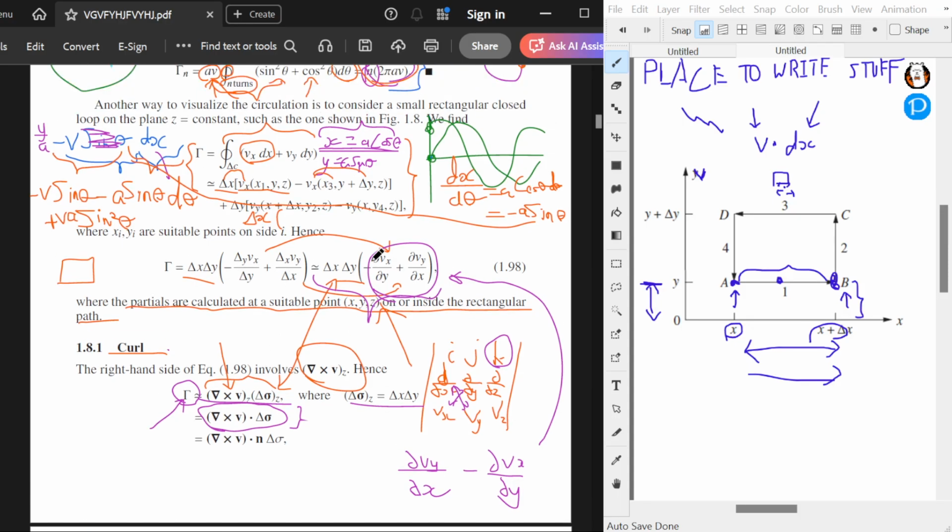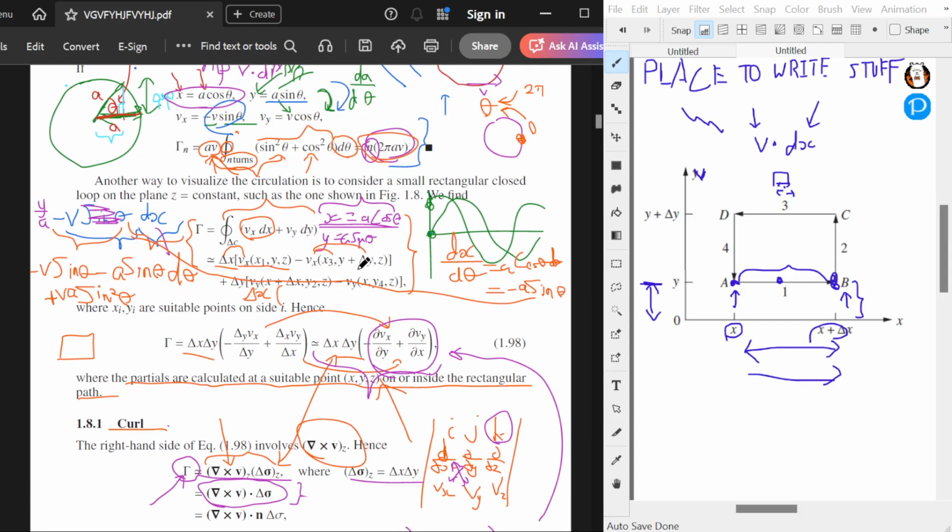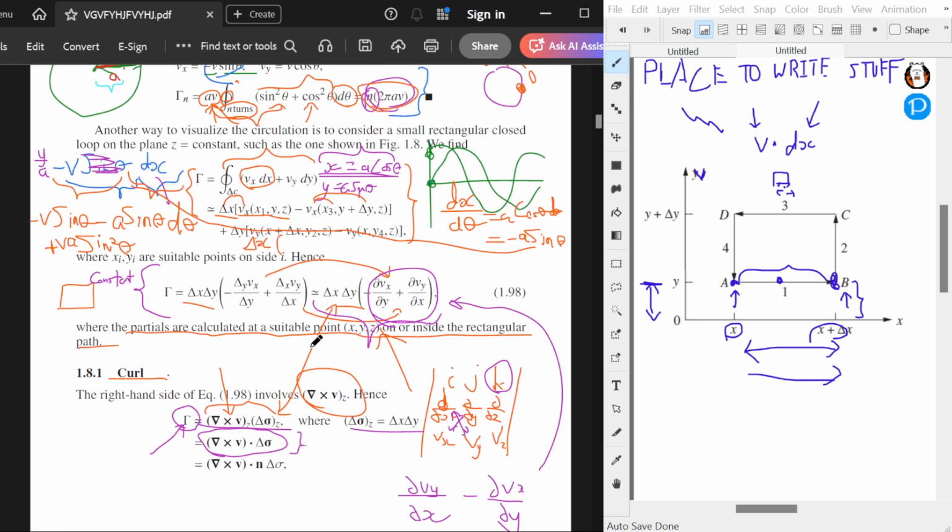Oh, I guess maybe, like over here we were just dealing with constant z. Like this is in a plane where z was constant. So it could be simpler to do the math in. But in reality, z is not constant. Sometimes, or most of the times I would assume. So this turns into this.